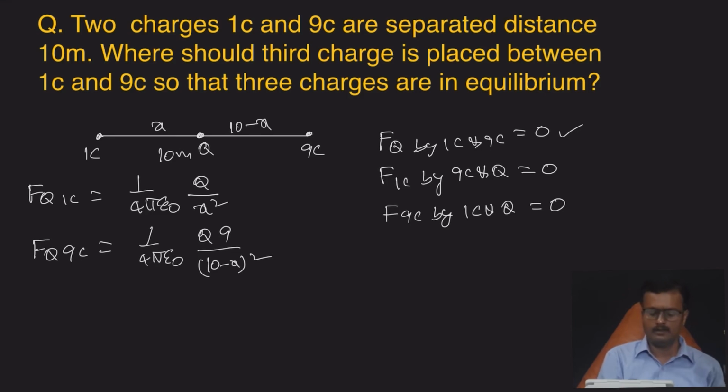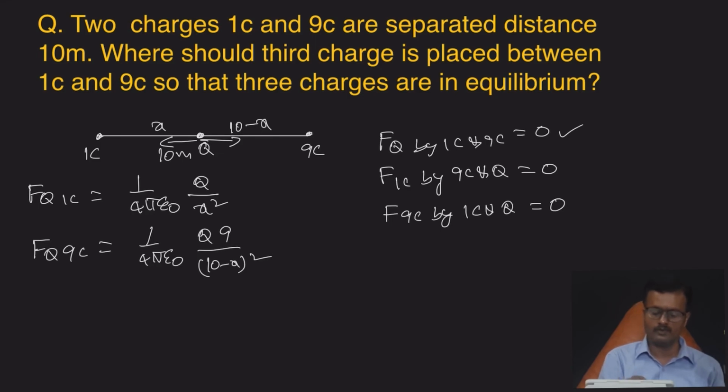See here, Q is in equilibrium, so the total force is 0. Suppose 1 coulomb repels Q along this direction. Definitely 9 coulomb also repels Q on the opposite side to the repulsion of 1 coulomb. The resultant is 0, which means both have the same magnitude.